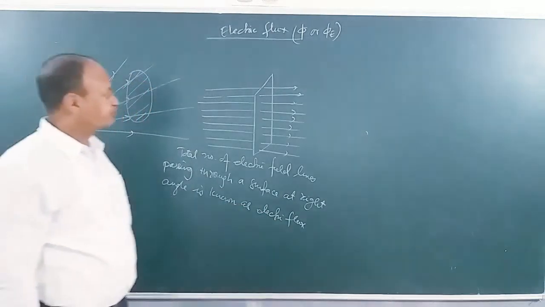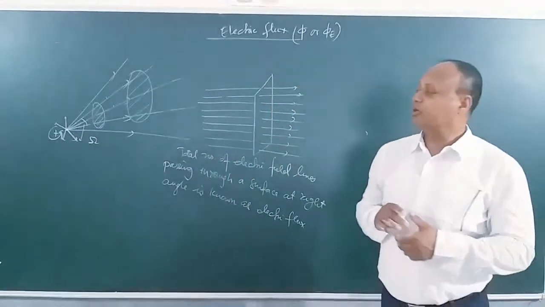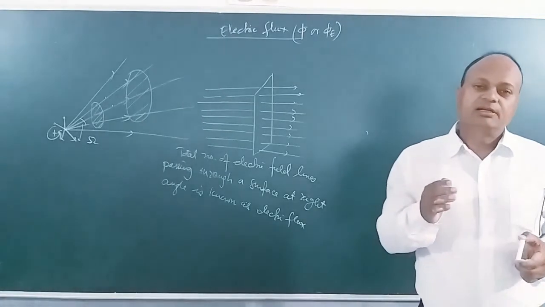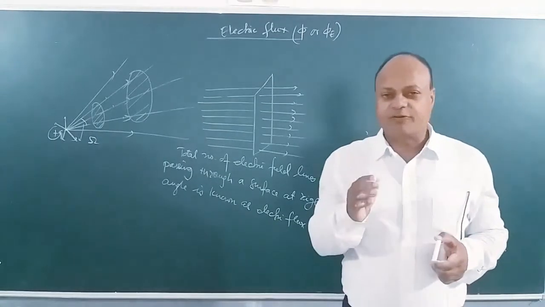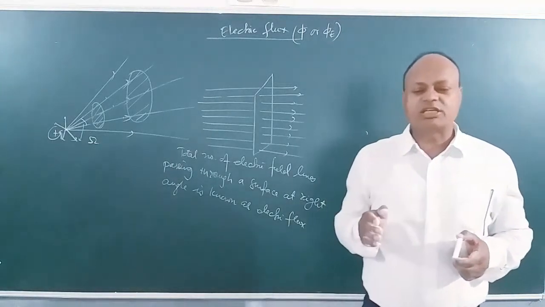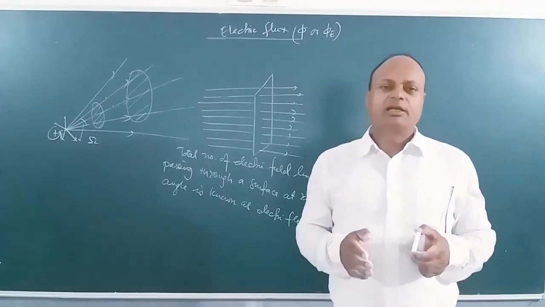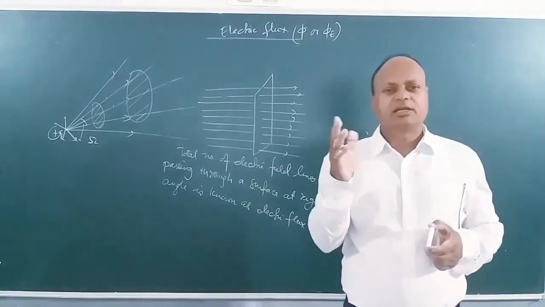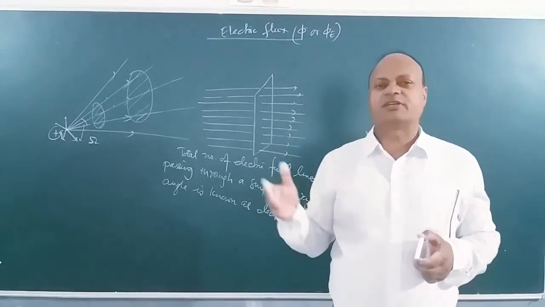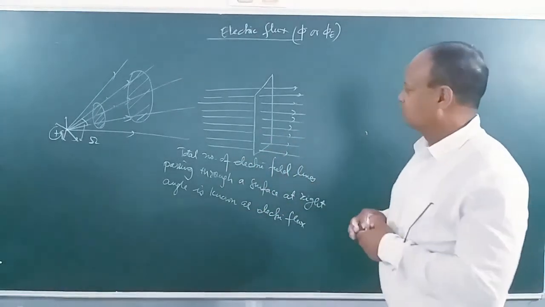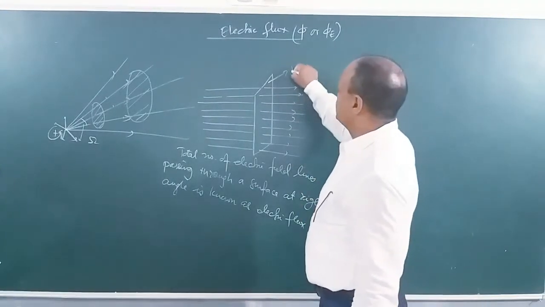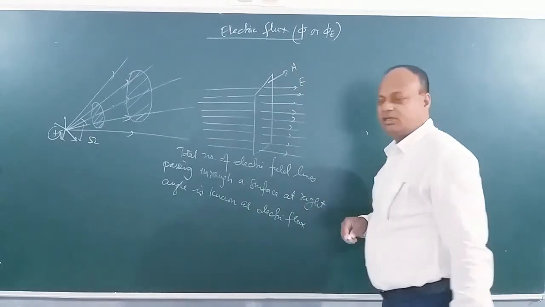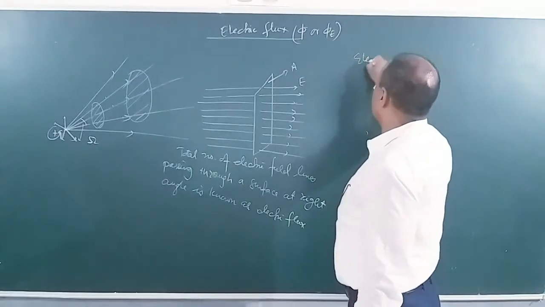Let's see this. We spoke about electric flux density. Electric flux density is the number of lines which are passing through unit surface area at right angle. Meaning, when the surface area is 1 unit, then how many lines are passing? Equal to the electric flux density. And electric flux density is equal to E. So if I consider the surface area is A, and the flux density is E, then what will be the electric flux?